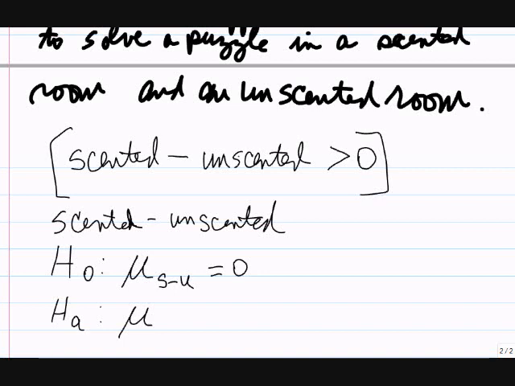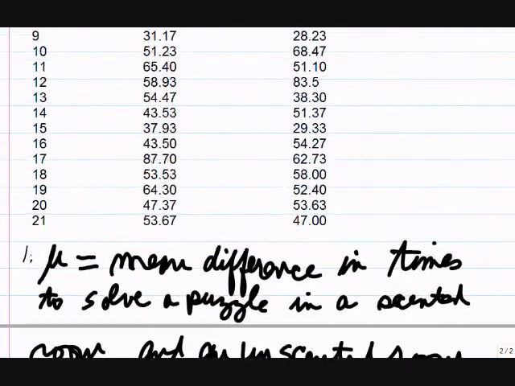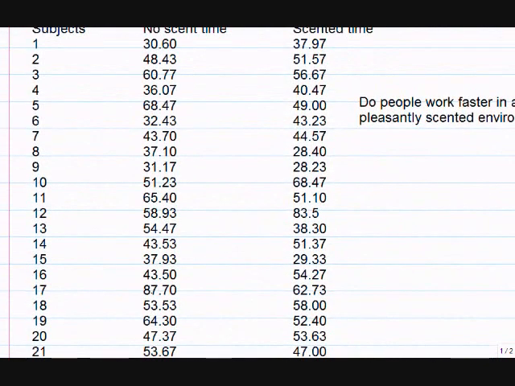And the reason that you're going to do a one sample test and put all this data together is because the data that is on line 1 all came from subject number 1. The data that's on line 2 all came from subject number 2. So the data is matched with itself.